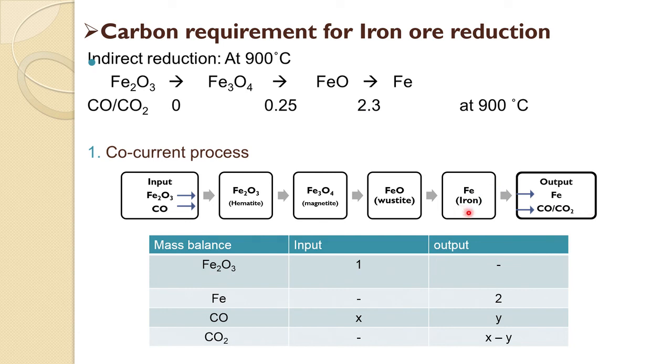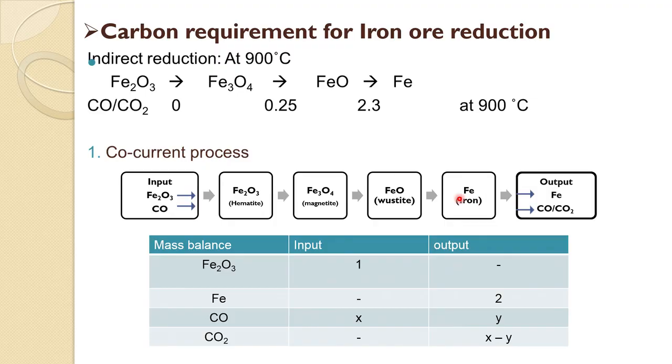So, you have to maintain this ratio from here to here, though your hematite magnetite reduction does not need this high ratio, but because it is going on a co-current basis, when it reaches here it has to have a very high ratio.